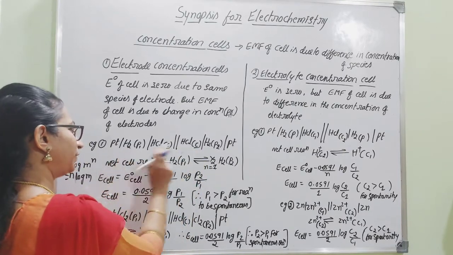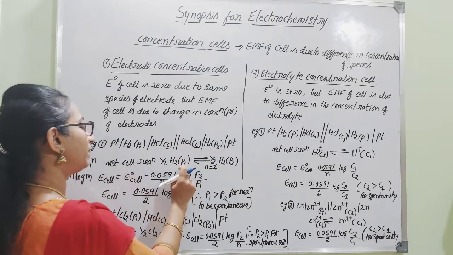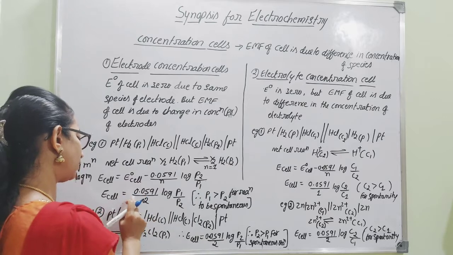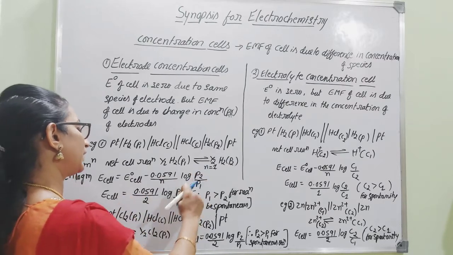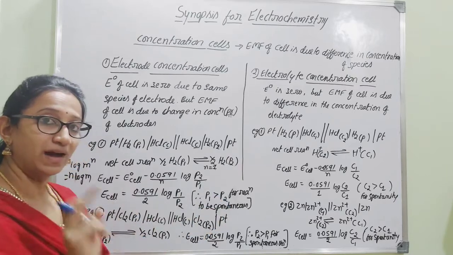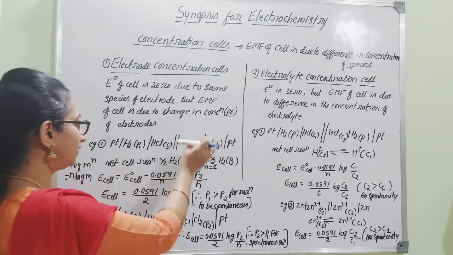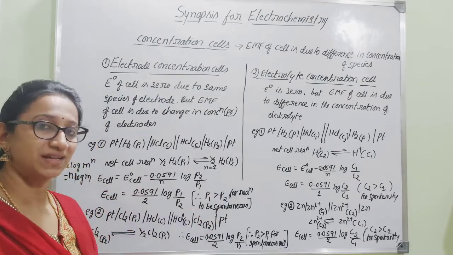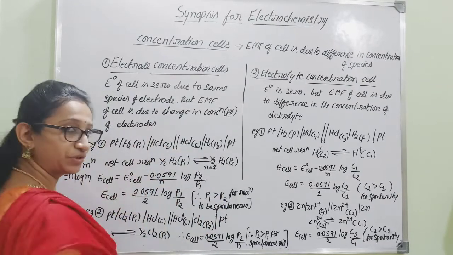Here with respect to hydrogen electrodes, we are getting P1 on left hand side and P2 on right hand side. And for sign convention, if you want to get positive, then you will get P1 by P2. Therefore, P1 should be greater than P2. But don't think that for all cell representations, P1 should always be greater than P2. It depends on the cell representation, which cell we are going to use.